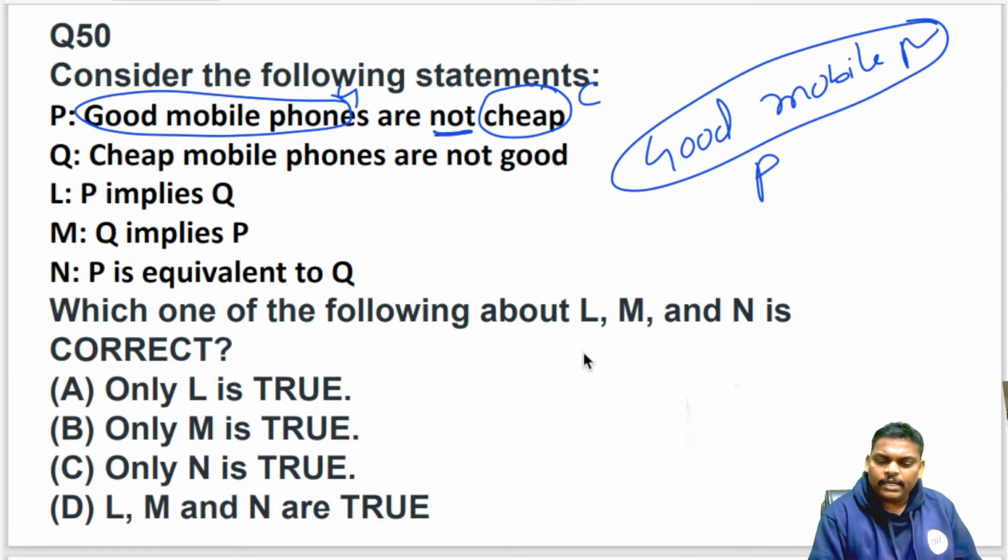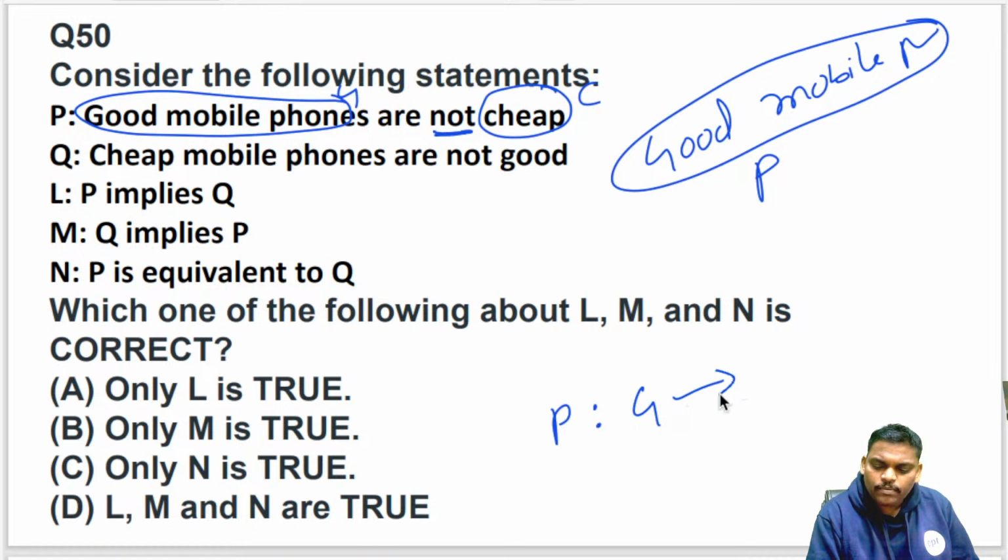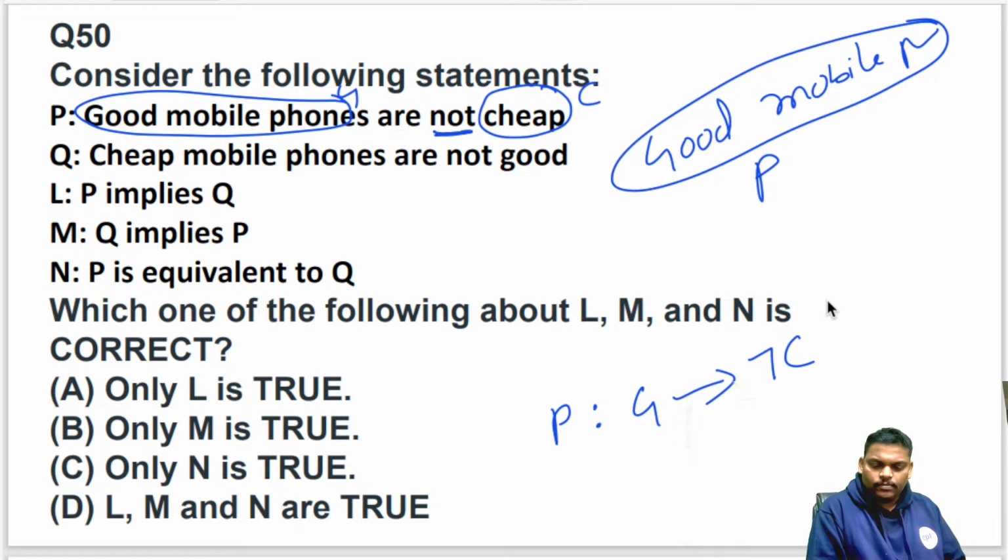So what P is saying is, if it is a good mobile phone, it is not cheap. And what Q is saying is, cheap mobile phones are not good.